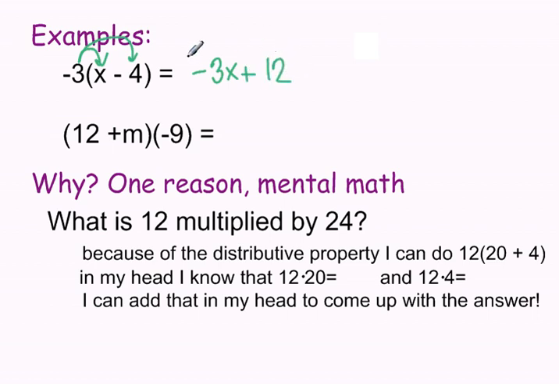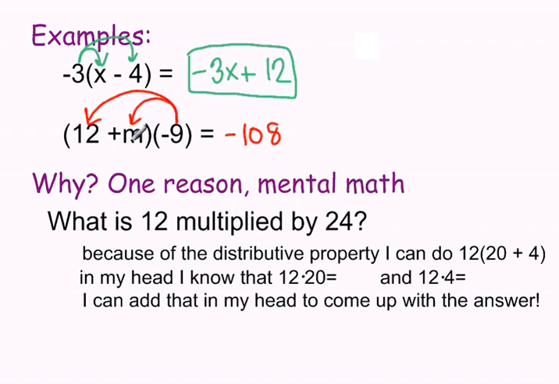And this answer is finished. I can't combine those things together. Try one more of these. Here I have the number in the back, but I still know that that means to distribute. Negative 9 times 12 is negative 108. Negative 9 times m will be negative 9m.